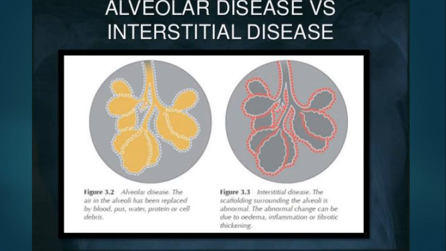Okay, so we now know the difference. Airspace disease is the disease that involves the alveoli and the air ducts, the bronchi and bronchioles that make the air reach the alveoli, and the interstitial disease is the disease that affects the tissue around the alveoli, which does not have any role in the oxygen exchange or transfer, but supports the lung parenchyma.